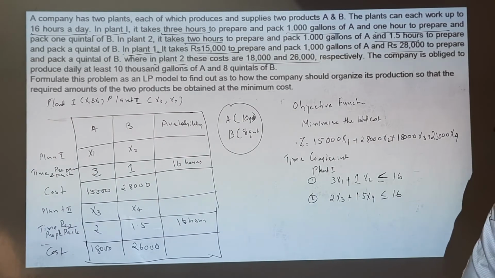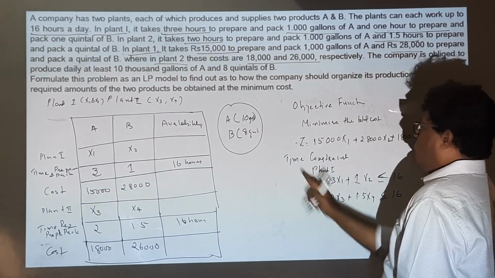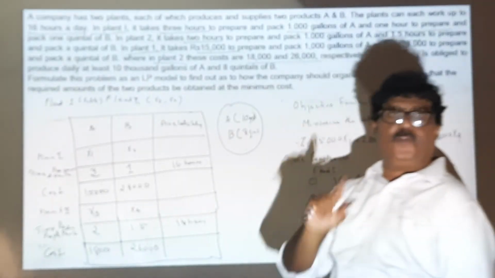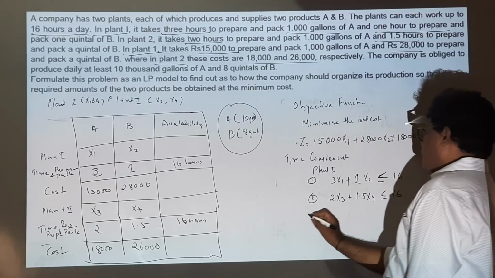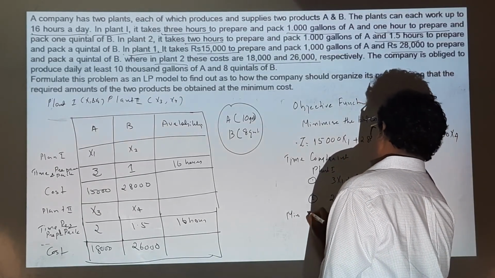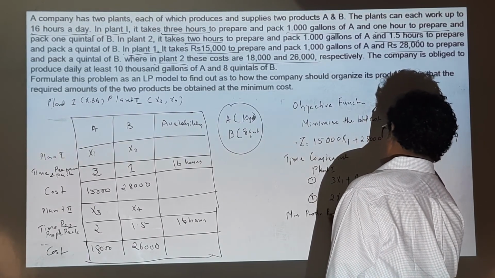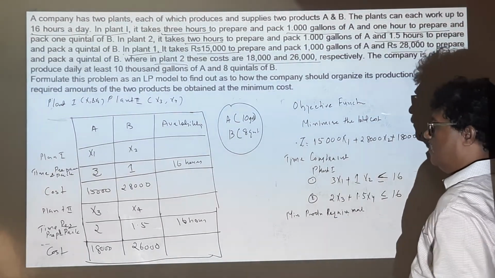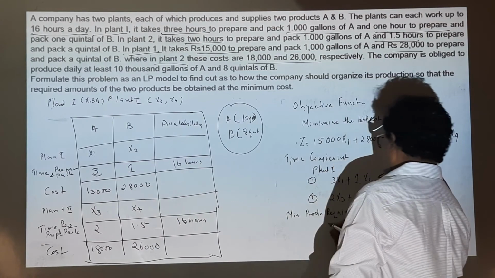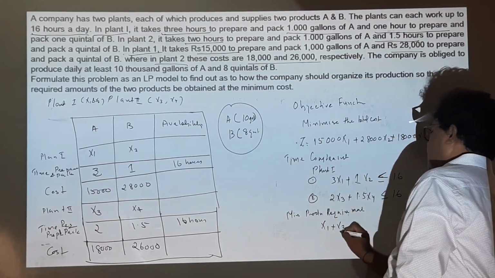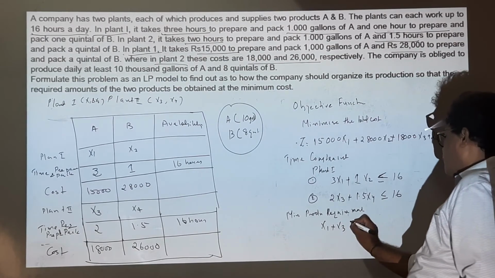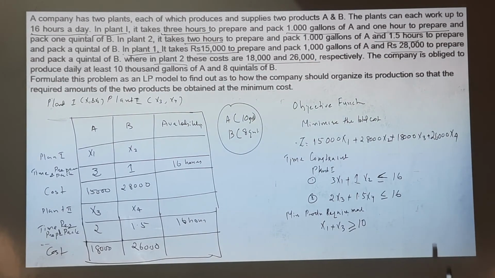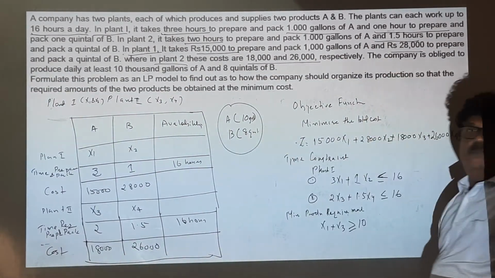And now we have this particular constraint. We have a minimum production requirement of A. The total A manufactured from the two plants will be X1 plus X3, and this should be greater than or equal to 10 units, because we require a minimum of 10 units to be manufactured.